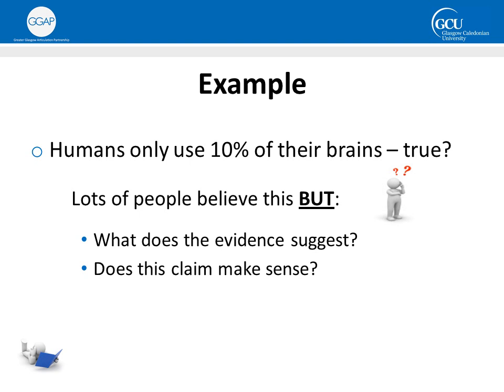But if we look at evidence from brain damaged patients, we know that even small damage to any part of the brain can have a huge impact on the functioning of the patient. So this definitely goes against the idea that 90% of our brains are not in use. But without looking at the evidence, there are actually other reasons to be suspicious about this claim.